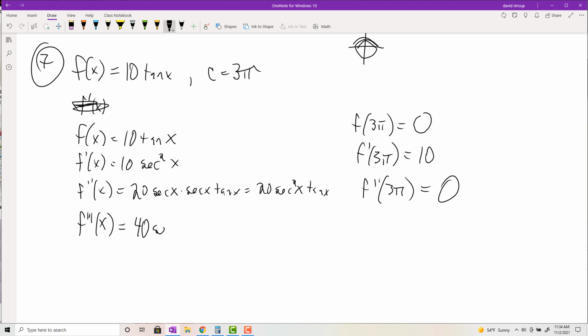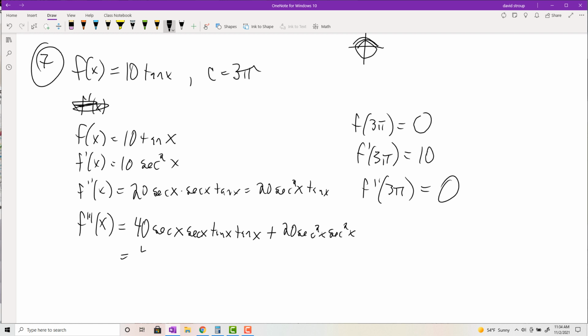40 secant x times the derivative of secant, which is secant x tan x times tan x. And then product rule, so plus, leave the secant squared alone now, 20 secant squared, the derivative of tan is secant squared x.